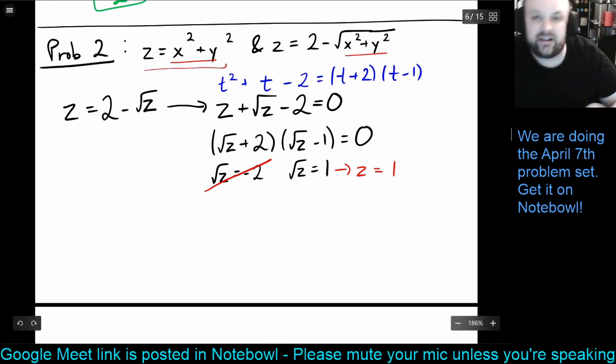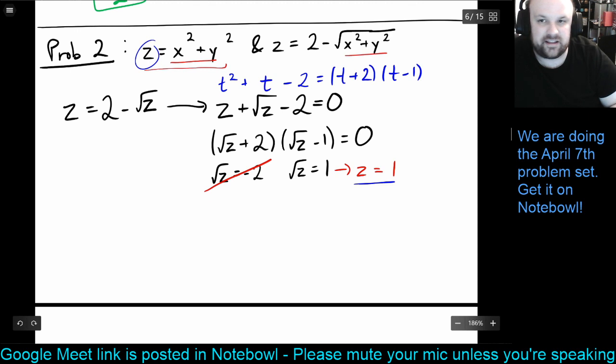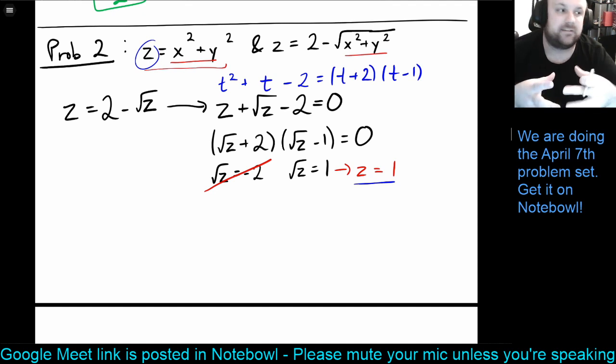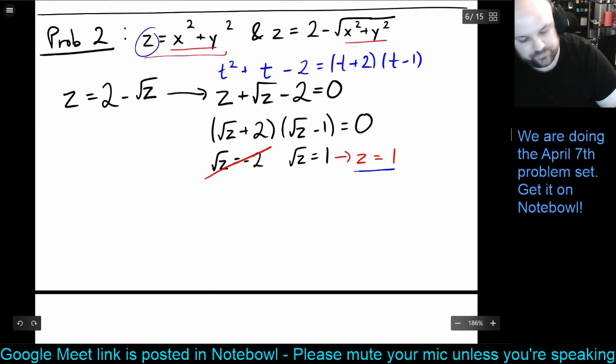And so then I also know, by taking this equation here and plugging it in for that z value, that the disk that they intersect in is radius 1. It's x squared plus y squared equals 1. That's going to be its shadow in the xy plane. So our region R in this problem is a disk of radius 1.